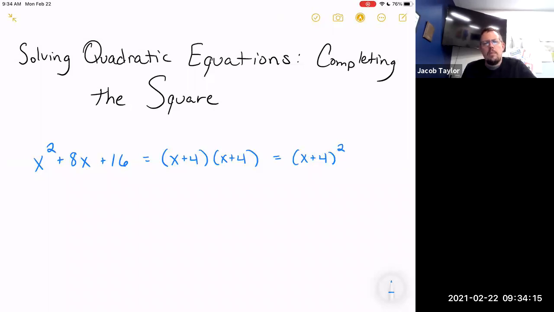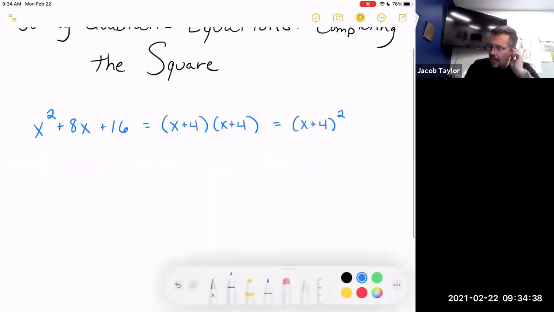So what do you do if you don't have a perfect square trinomial, but you really, really want one? Is there a way that I could do that? And the answer is yes. There's a way that I can take something that is not a perfect square trinomial and make it a perfect square trinomial.